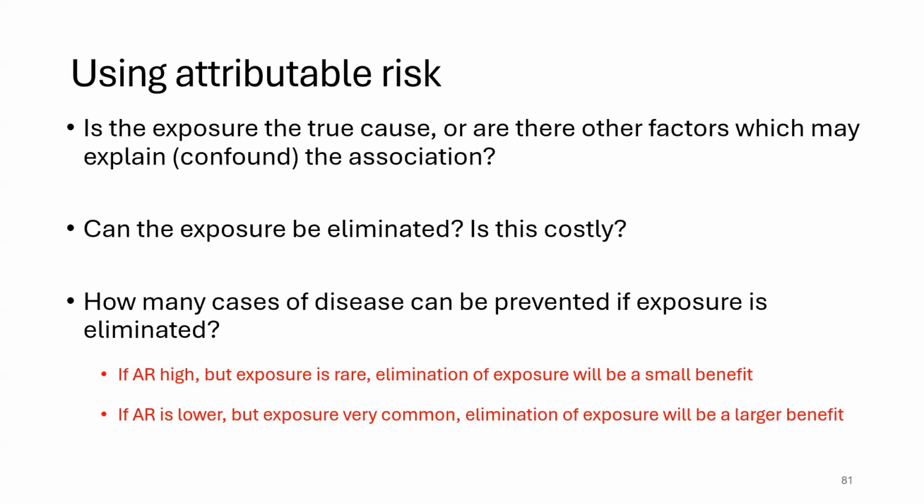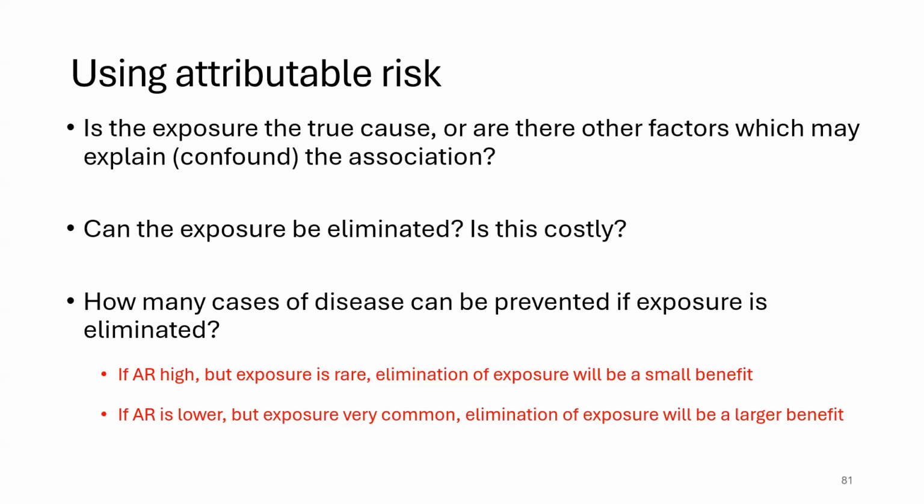If you are thinking through the amount of a disease that's there, so how many cases of a disease can be prevented if an exposure is eliminated? If your attributable risk is high, but there is a very low chance that the exposure is happening, eliminating that exposure will only have a minimal benefit.